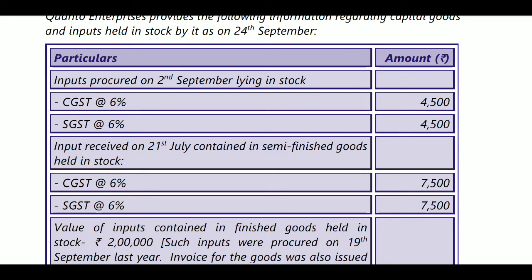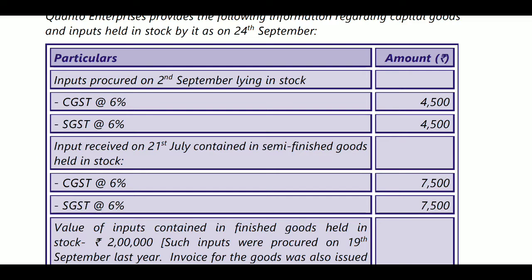We got the registration on 25th September, and for the date immediately preceding it they are providing the input details. Since this is a voluntary registration, we can claim inputs related to finished goods or work in progress goods held on the day immediately preceding the date, but not capital goods. So what is the information provided?